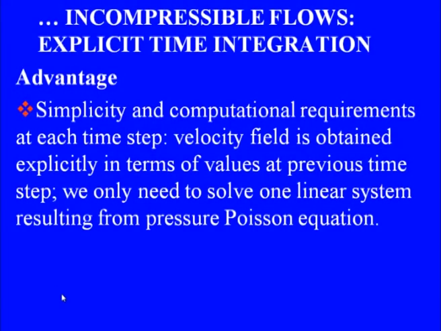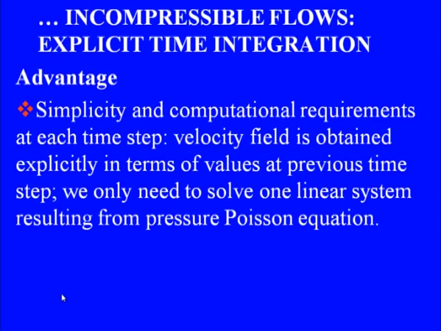Now, we have demonstrated this explicit integration with the forward Euler scheme. The process would be almost the same if you want to use higher order schemes such as Adams-Bashforth or explicit Runge-Kutta methods. The advantage of the explicit scheme is obvious. They are very simple to implement.